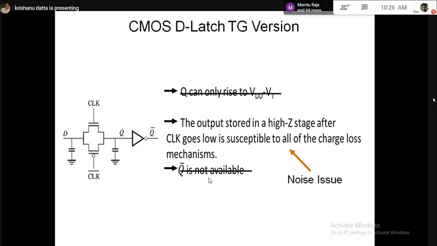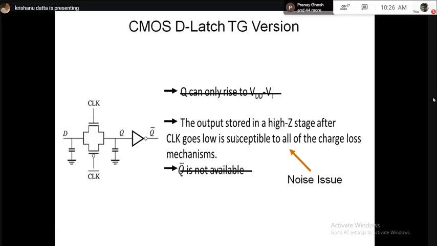Now you can see that we are solving all these circuit problems one by one and gradually increasing the number of transistors. So now in this circuit, there are already one, two, three, four transistors. We started with one transistor, and while solving the circuit problems, we are increasing the number of transistors. Now comes the last problem, which is the most difficult one, the noise problem.